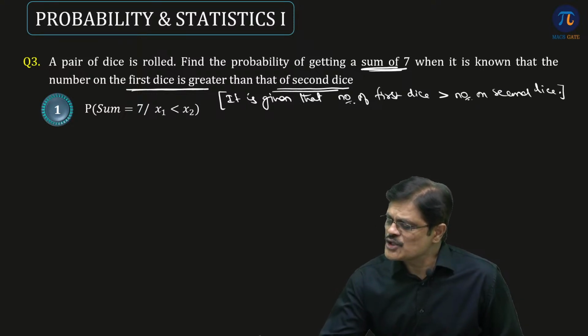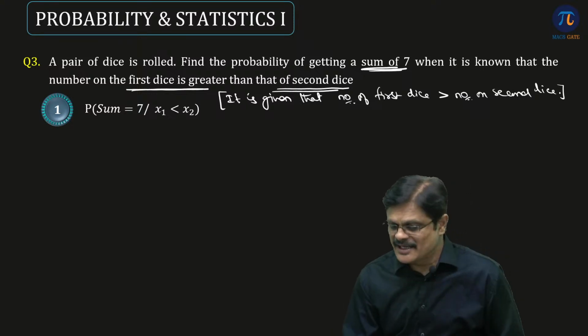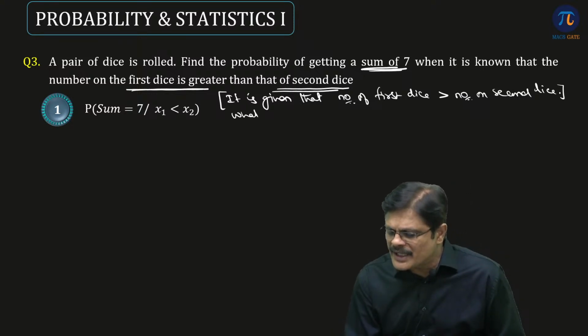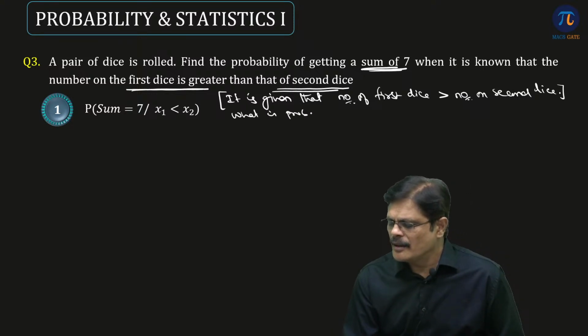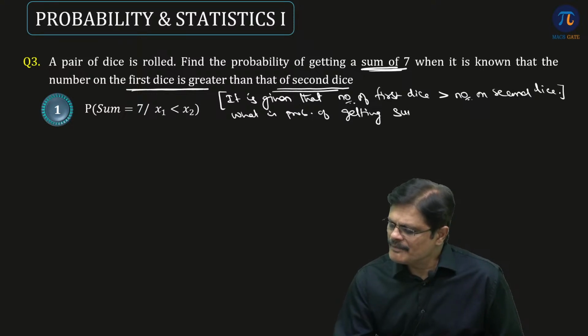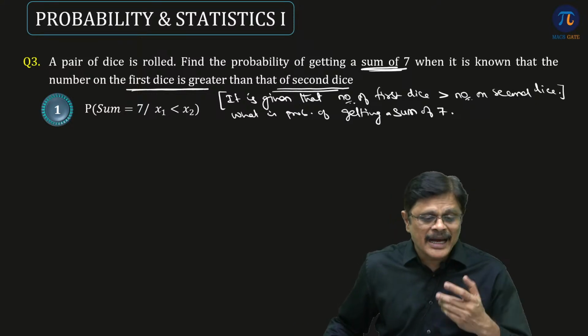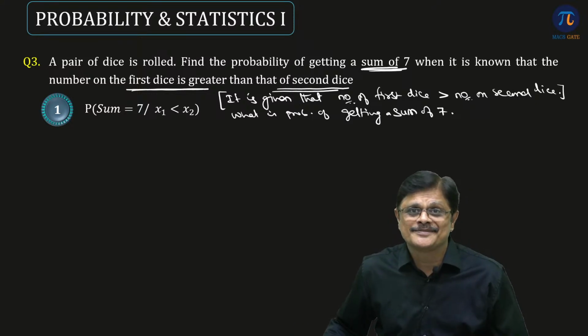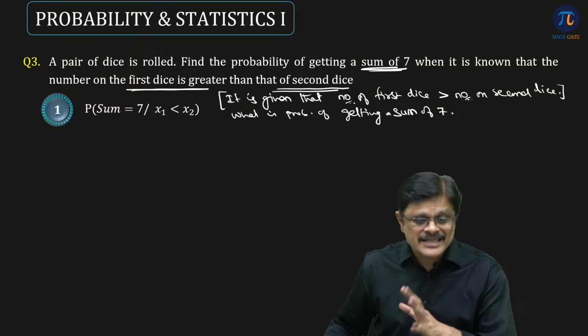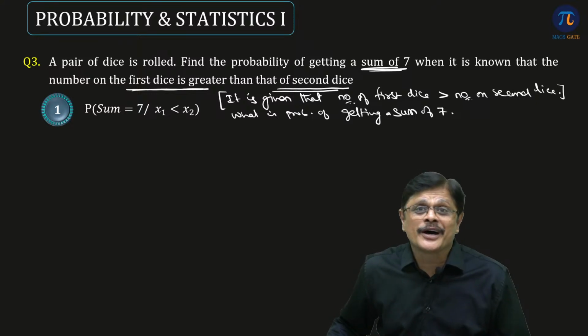So he stops the statement here. Then he asks, then what is the probability of getting a sum of 7? See, the same question can be asked like this also. Then you are in trouble.